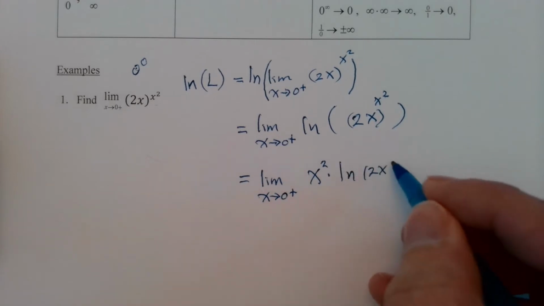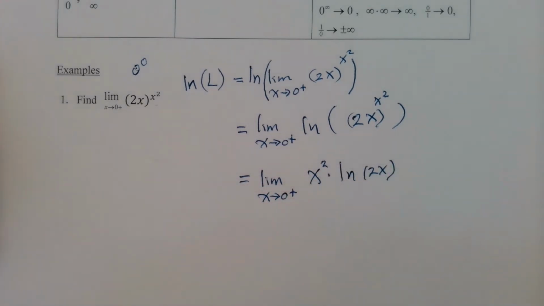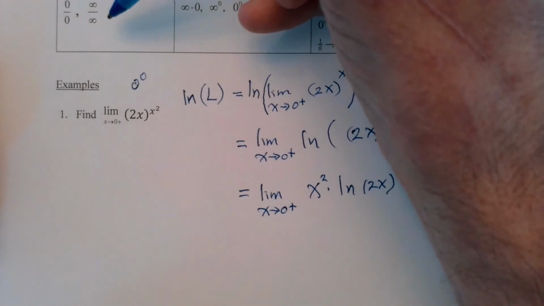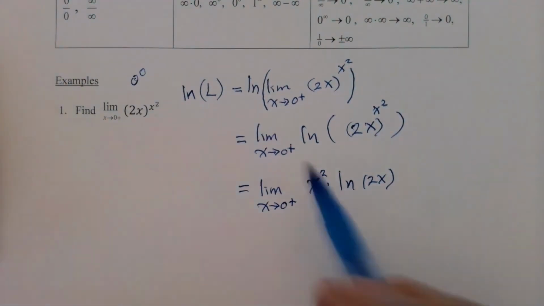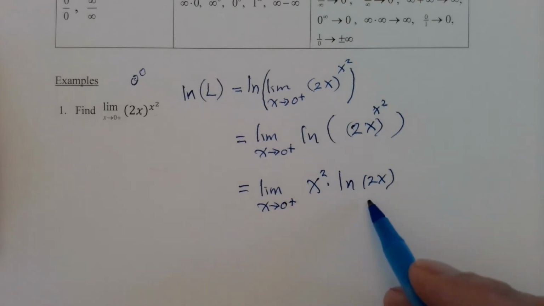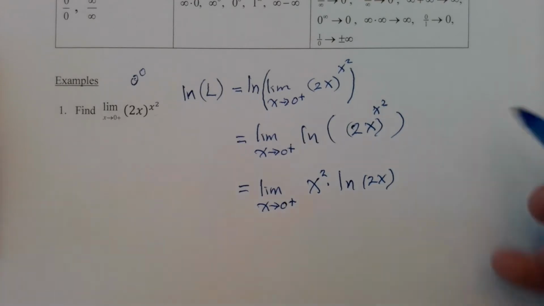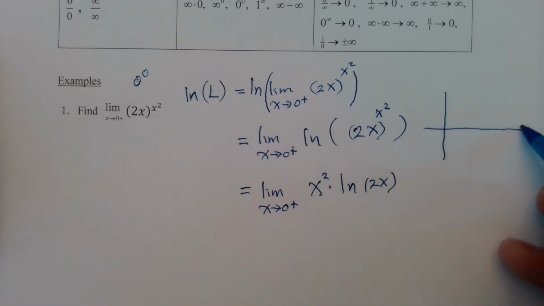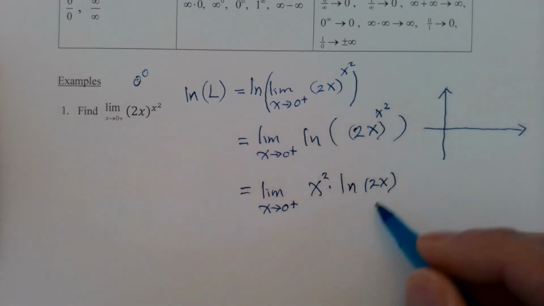Now let's stop and see what limit form we have now. It can't be L'Hopital because it doesn't look like a ratio, like one of these. As x goes to 0, x squared goes to 0. What about natural log? You may be familiar with this graph, but the natural log graph looks something like this, and it doesn't make that big of a difference that it's multiplied by 2 inside here.